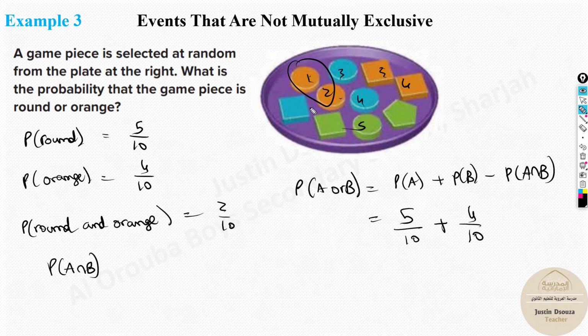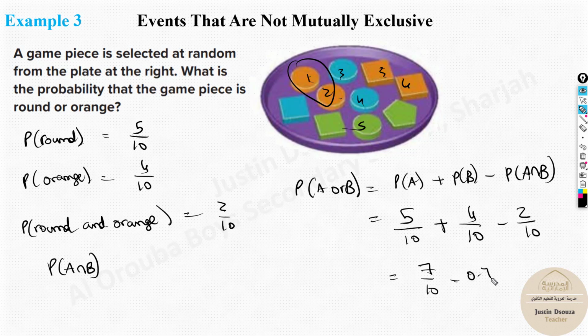This I used two times. One time I used it, okay. The next time I shouldn't have used it again because I already used it once, right? Now I'm again using it. That means this is used twice. So I'm subtracting whatever has been used twice. That is 2 by 10. That's it. Now if you solve this, 5 plus 4 is 9, minus 2 is 7 by 10.